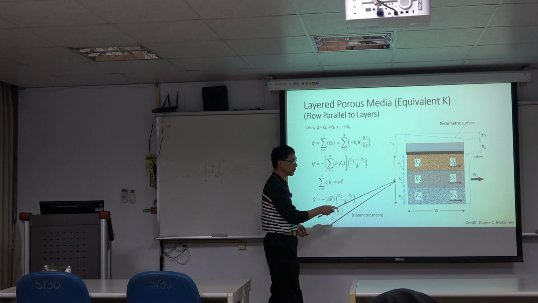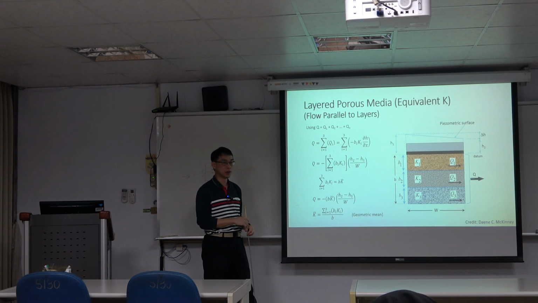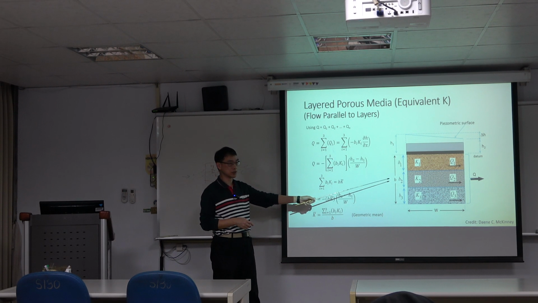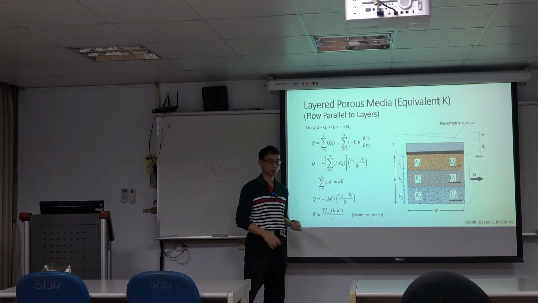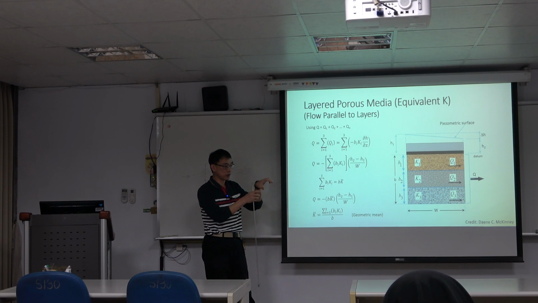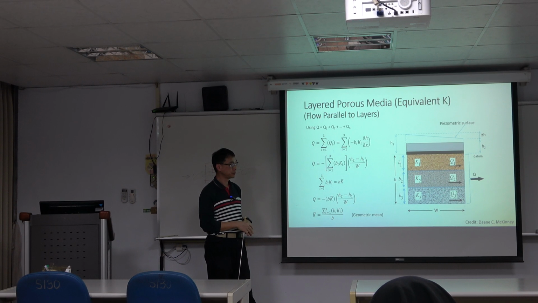Although they still have some small penetration into this area, most of the water goes to the high K values. It depends on how large the K difference is. For example, if you have 1 order or 2 orders of difference, maybe 90% or more of the water goes to the high K values. But if your K values have just slight differences, the flow will be more uniform like that.